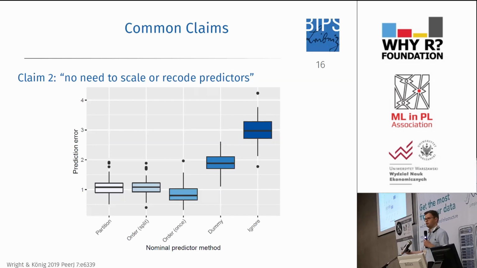Order split is to order again in every split, and order once is to order once in the beginning. The first two are equivalent, as I said, or you can prove that. But if you order in the beginning, you can still keep an order, if there is one, even at the very end of the tree. So it can, in some situations, even increase your accuracy.